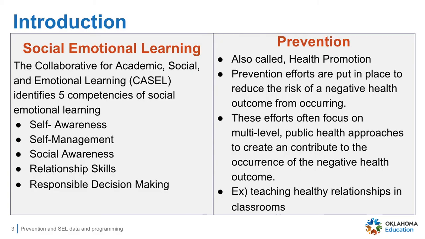Social and emotional learning is the process of teaching children to understand and manage their emotions, foster hope through goal setting, learn empathy for others, positive relationship skills, and how to make good decisions. The Collaborative for Academic, Social, and Emotional Learning, CASEL, identifies 5 competencies of social-emotional learning.